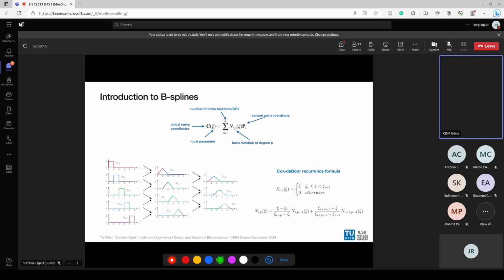So we still have the red one that is originally responsible for this first part here, the blue one that is responsible for this part. This means that the basis functions are only non-zero in a certain portion of our domain for xi. And this is what will allow us local control, that the basis functions are non-zero only in a small part, in particular in p plus 1 knot spans.